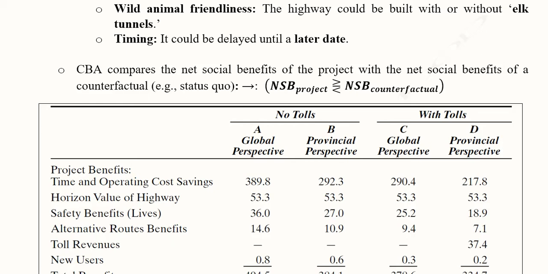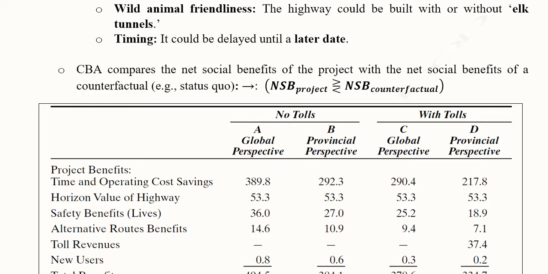the analysis of about 2 dimensions of these can be conducted, because the CBA compares the social benefits with the costs, that is the social costs. We have NSB, that is net social benefits.